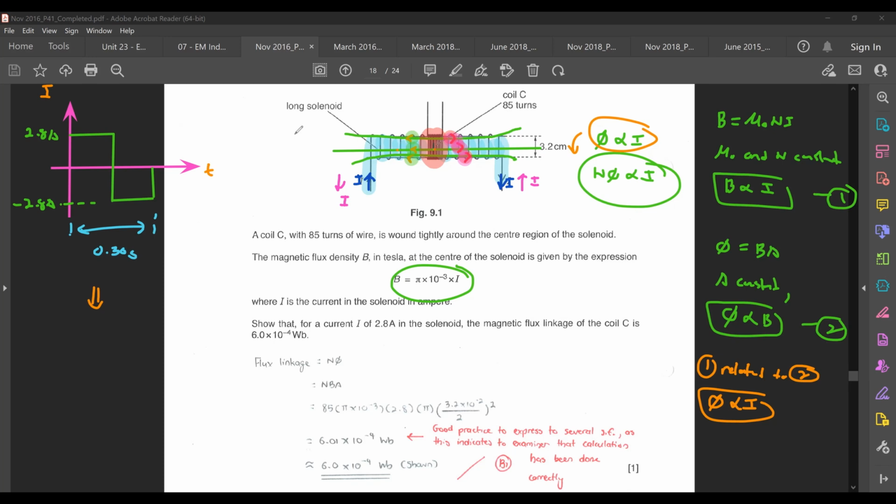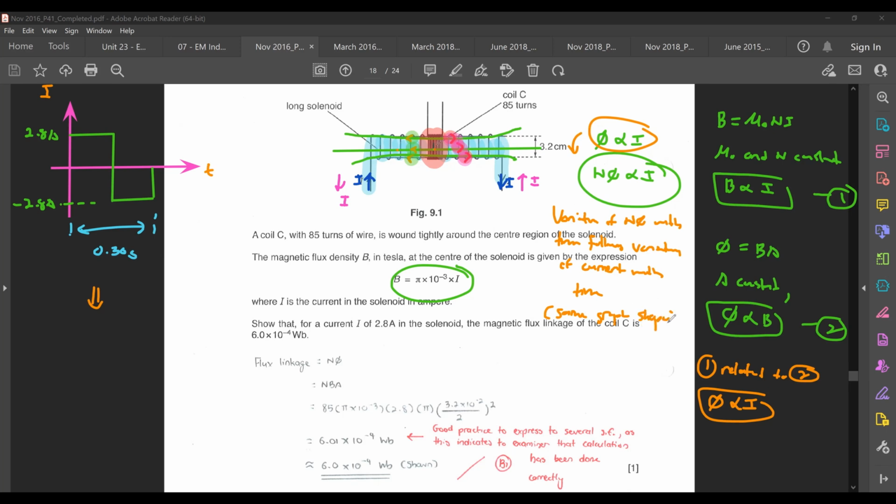So I mentioned then, based on this relation, that the variation of flux linkage with time follows the variation of current with time. In other words, they have the same graph shape.